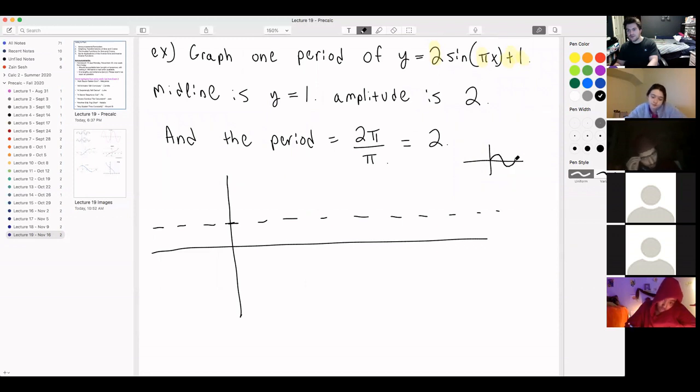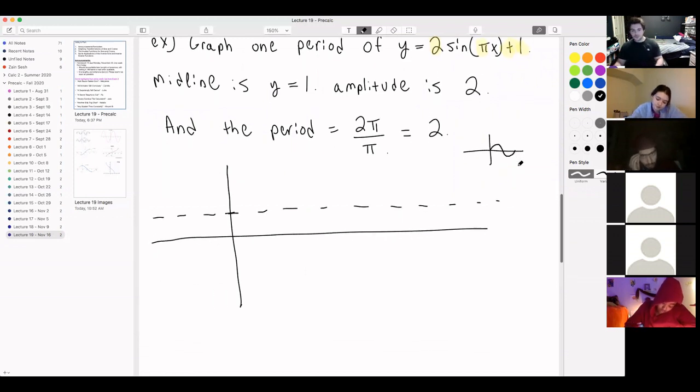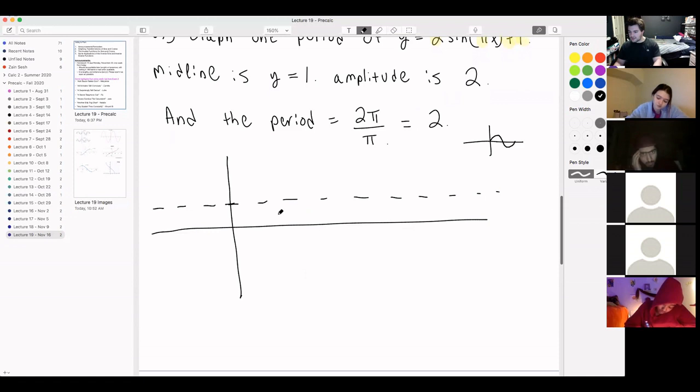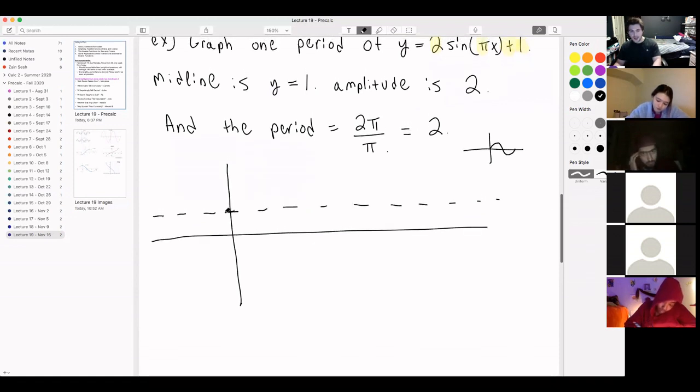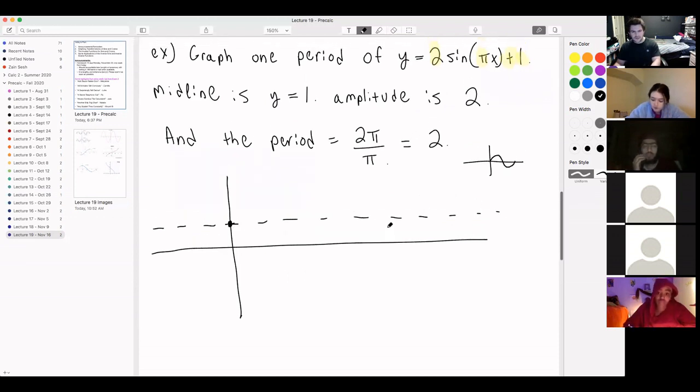That's what one period of it looks like. So we just need to do that. We start at the midline. The period's 2, so that means it's going to finish 1 cycle in 2 units.